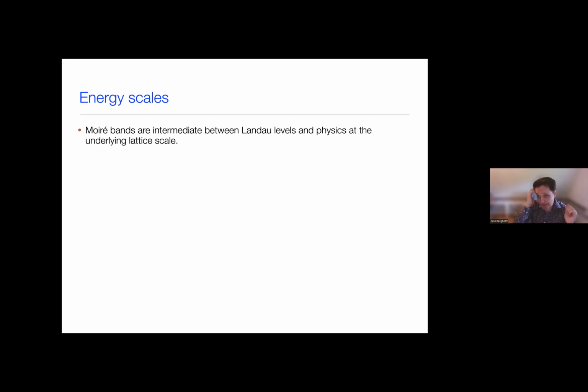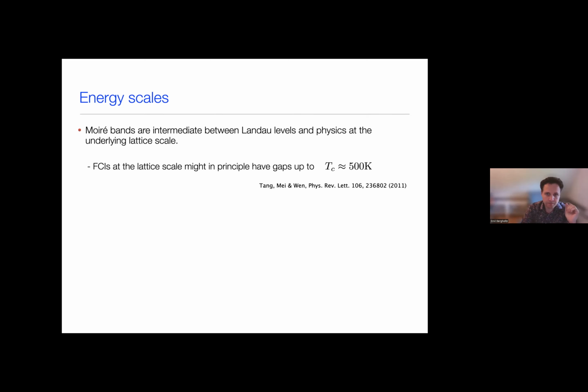But Moiré bands is somewhere in between. In this famous 2011 paper by Xiaogang Wen and his group, they pointed out that in principle, at least, if you're naive enough about it, you could dream up gaps of around 500 Kelvin for fractional quantum Hall states, fractional Chern insulators.